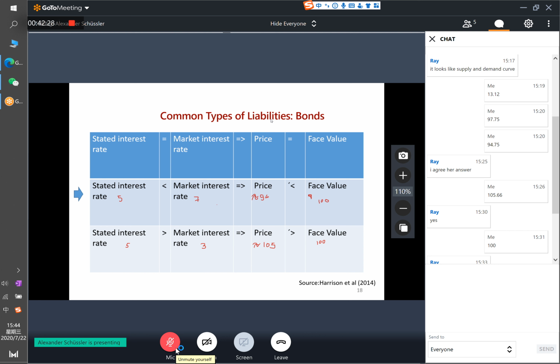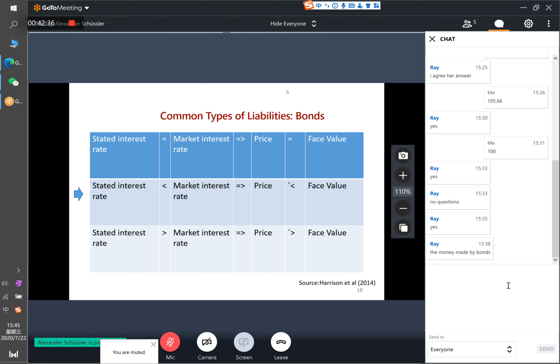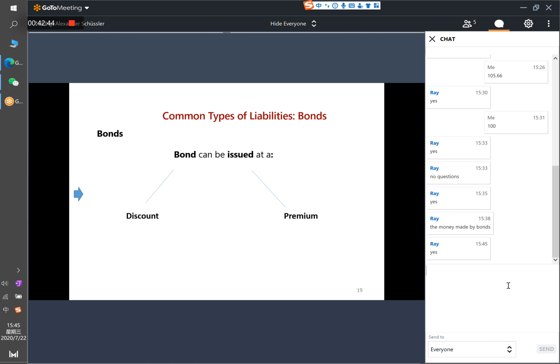Okay. Does that make sense? Yes? Okay, very good. So generally speaking, the bond can be issued at a discount or at a premium, depending on what the stated rate is in comparison to the market rate.